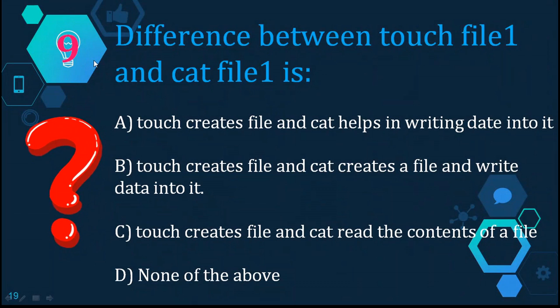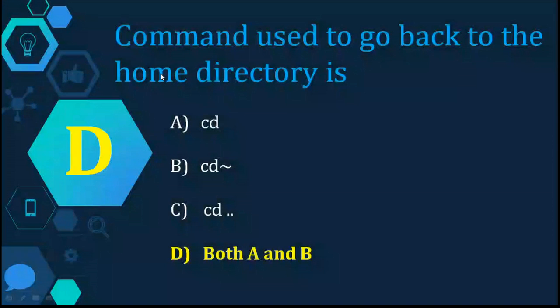Why? Because if we write cd space .., in this case it just goes to the previous directory. But if you simply write cd, you will go to the home directory. And even if you write cd tilde symbol, with the help of this also you will go to the home directory. So both ways are right if you want to reach the home directory directly.